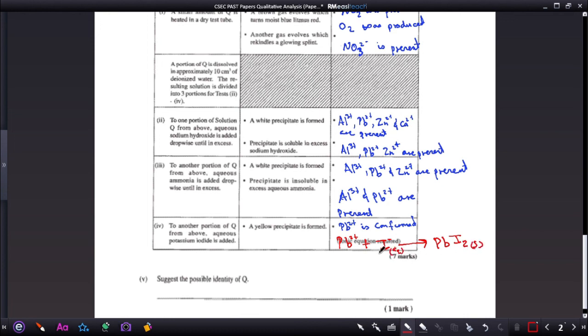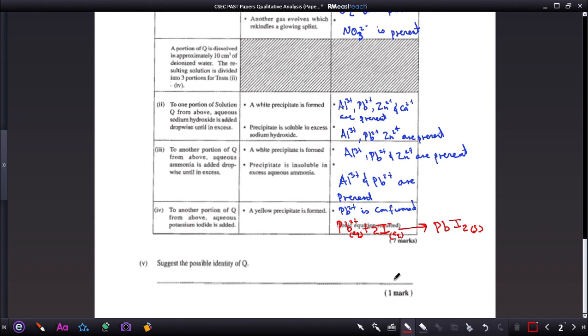You need to balance the equation, so put a 2 right there. And this should be aqueous because it was dissolved and put in 3 portions. So that would be the ionic equation for the lead iodide formation.